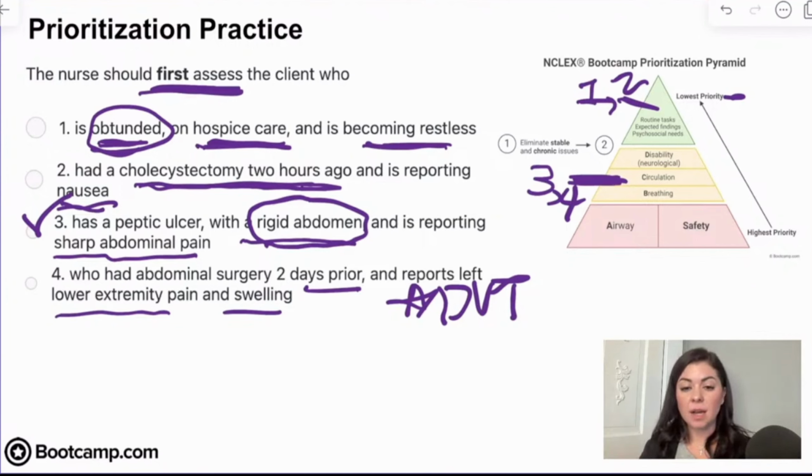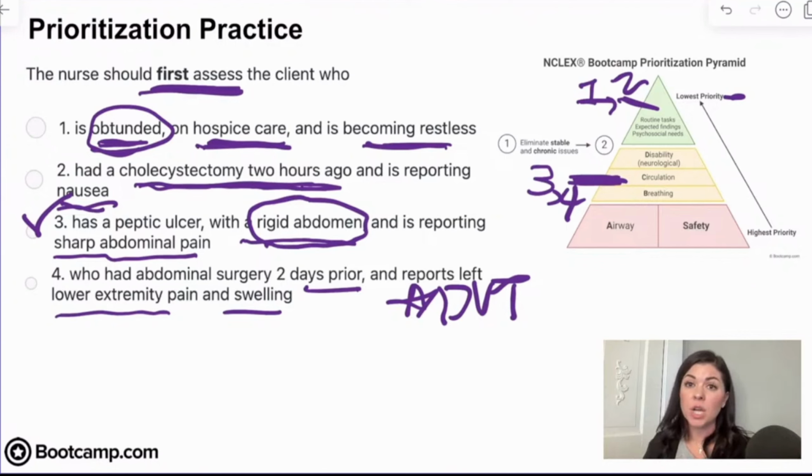Someone made a great comment. I just want to point out that they said DVT is expected after surgery. So I want to tell you guys, be really, really careful. When we're saying expected findings, we mean something that is normal, that is not a complication. So even though DVT can occur postoperatively, it's not expected because we don't expect a client to develop a DVT.